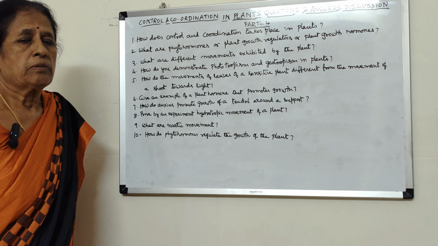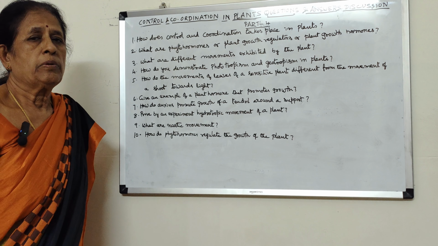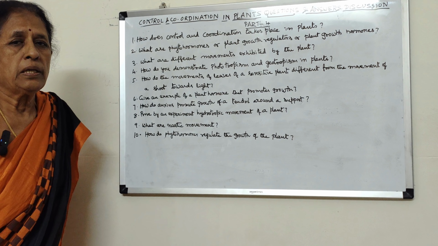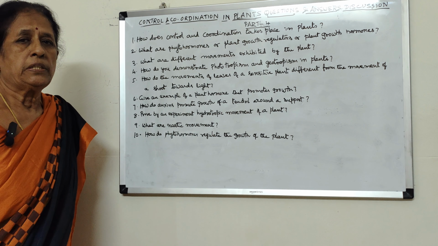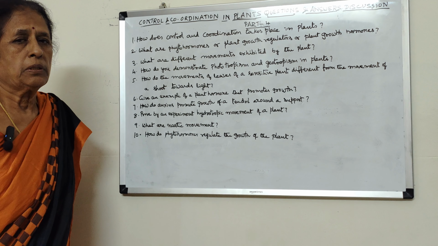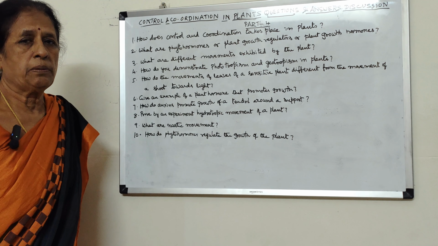Procedure: we take the container with the soil. In one corner of the container, we keep a porous pot which is filled with water. The water drips out from the porous pot, and the bean seeds are allowed to germinate.